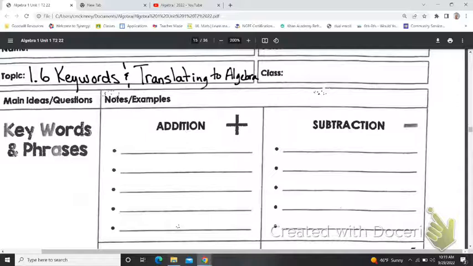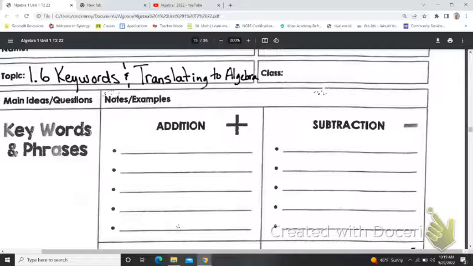Anyway, we're going to be talking about some key words and phrases and then translating those to algebra. So some of you have learned a foreign language. For some of you, English had been a foreign language and you're still learning perhaps. And then for many of you, algebra feels like a foreign language. For some of you, not so much.